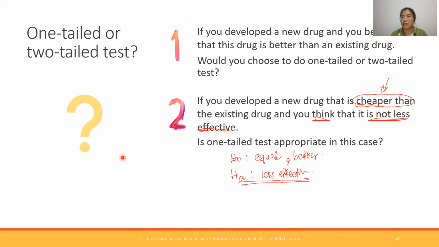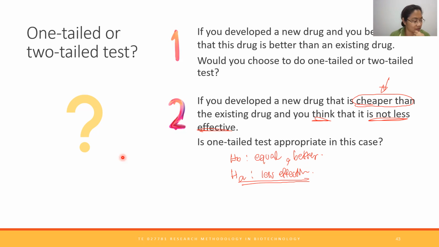So that means that if you develop a new thing, two things that might come to mind if you want to put it in the market is that it has to be more effective, right? Because it's new, right? The point is, if it is cheaper and as effective, it is still a good point to get into the market, because it's a new drug, it's equally effective, but it is cheaper.